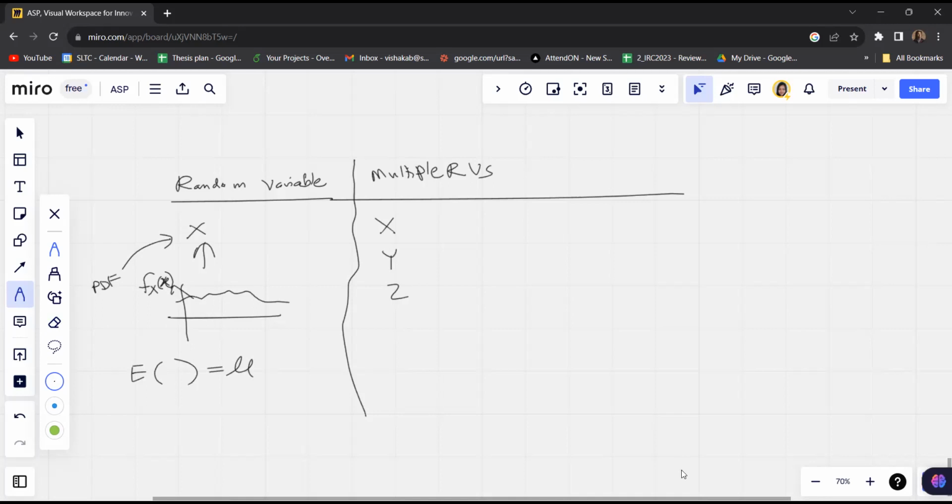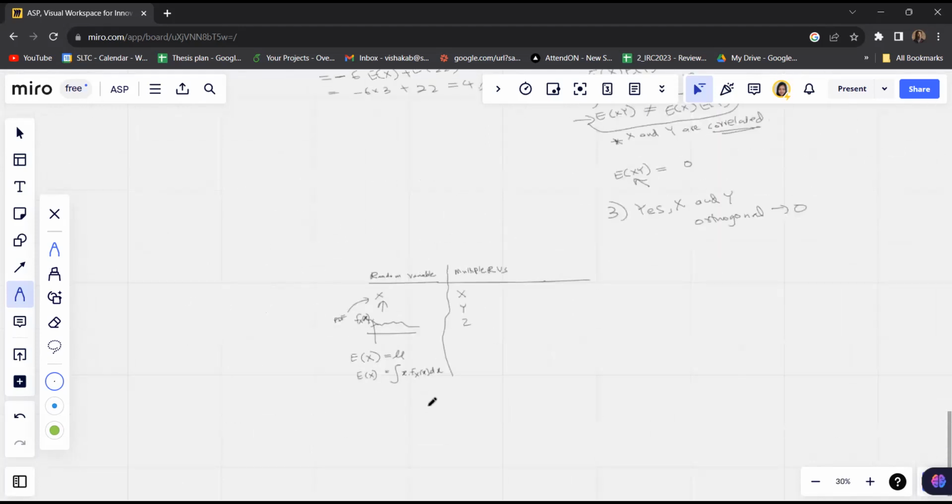We found the random variable's average by integrating x times its PDF function over the x-axis.